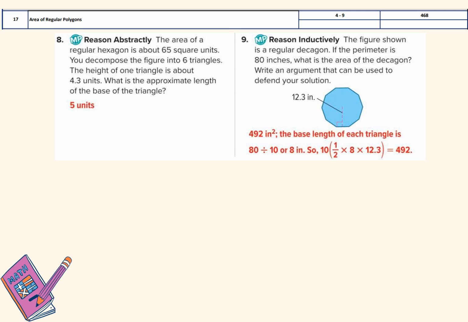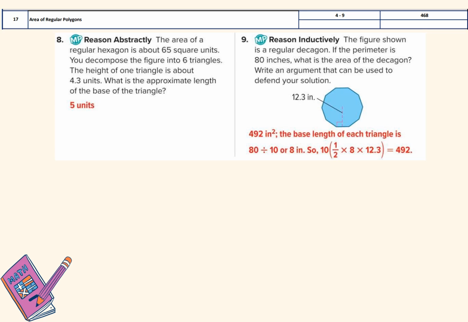So in this question, we are going to reverse the process of finding the area of a regular hexagon. Because the area is given, we need to find its side, basically, the side or the base of a triangle. So I'm going to reverse all the steps I do to find the area of the hexagon.